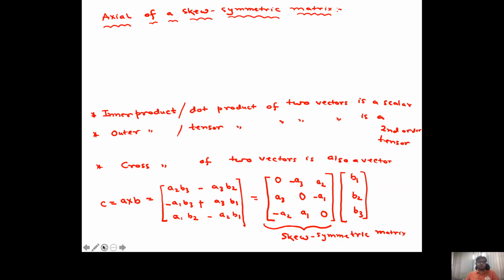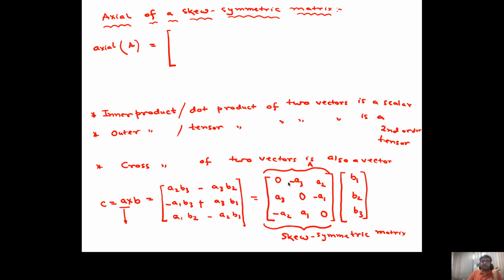Okay. So now let us go back to the pen mode. So we have this skew symmetric matrix, right? Now axial of this skew symmetric matrix, let me call it A, okay? So axial of this A will be a vector which will give you the actual column vector, this one.